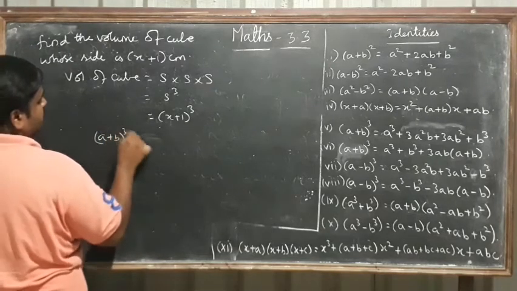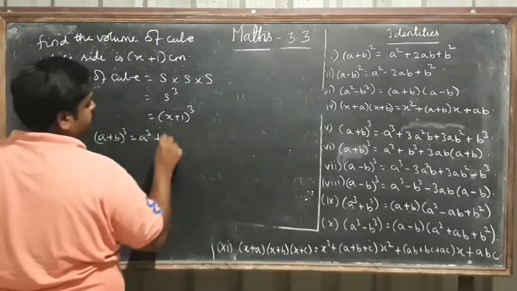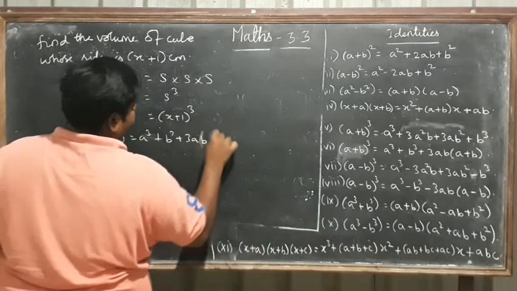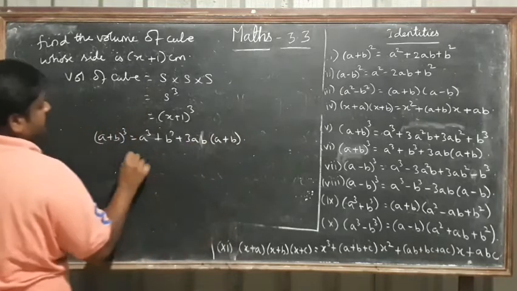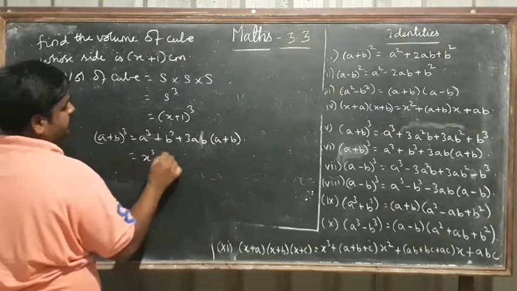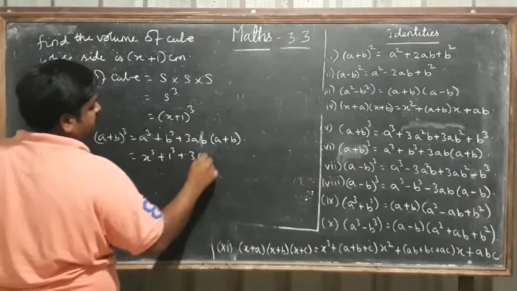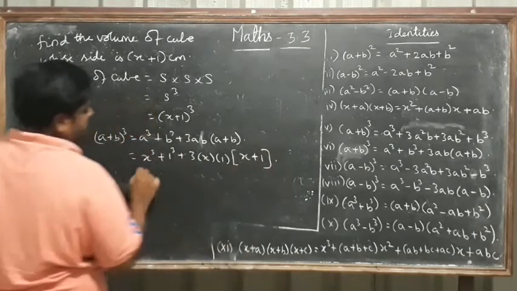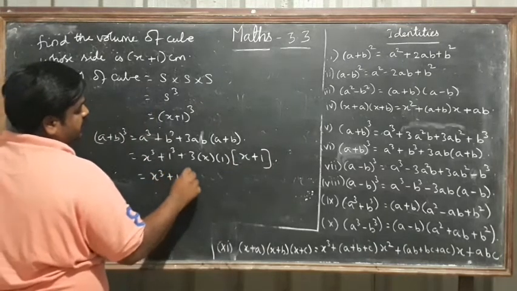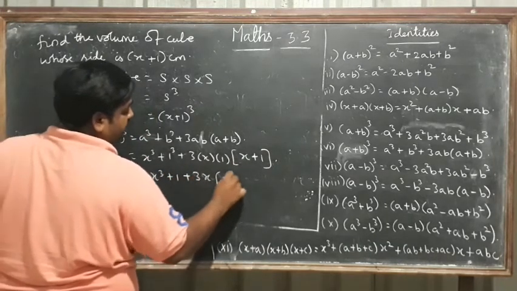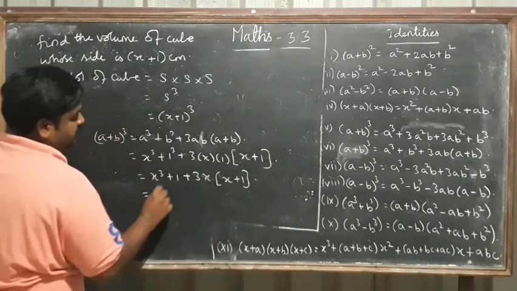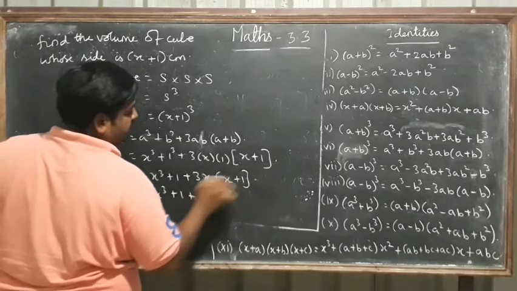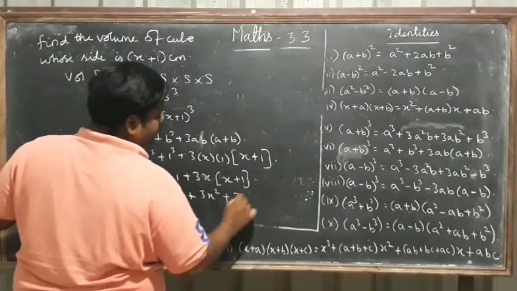A plus b the whole cube equal to a cube plus b cube plus 3ab into a plus b, which is equal to a cube is what? x cube plus 1 cube plus 3 into x into 1 into x plus 1, which is equal to x cube plus 1 plus 3x into x plus 1, which is equal to x cube plus 1 plus 3x into x is what? 3x square, plus into plus is plus, 3x into 1 will be 3x.